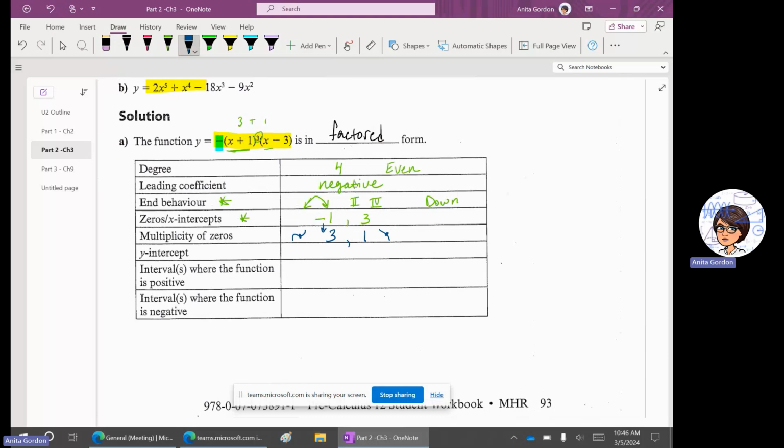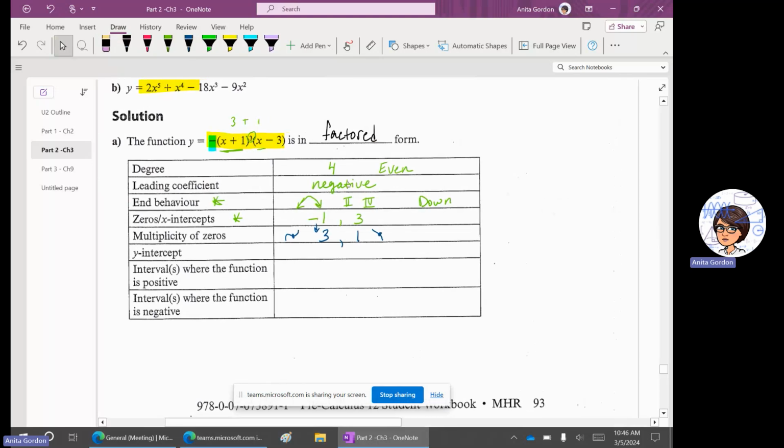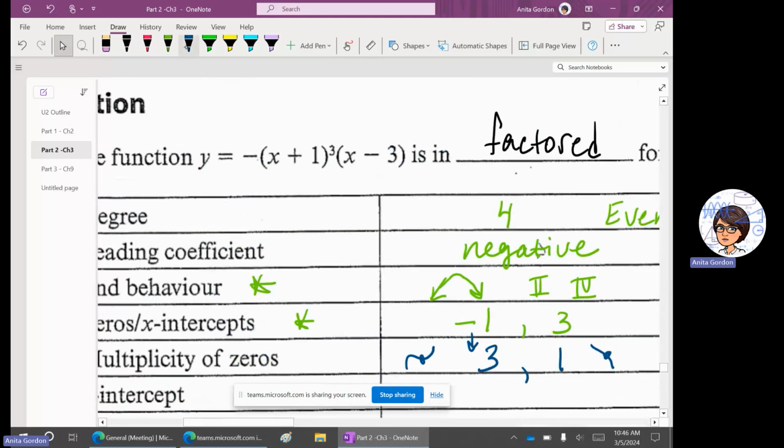What about the y-intercept? Remember, the y-intercept is the constant of our function. And right now it's in factored form, so we can't see what the constant is. But let us do some analysis here. If I were to expand this bracket, I would get x cubed plus something something x squared plus something something x plus something something.